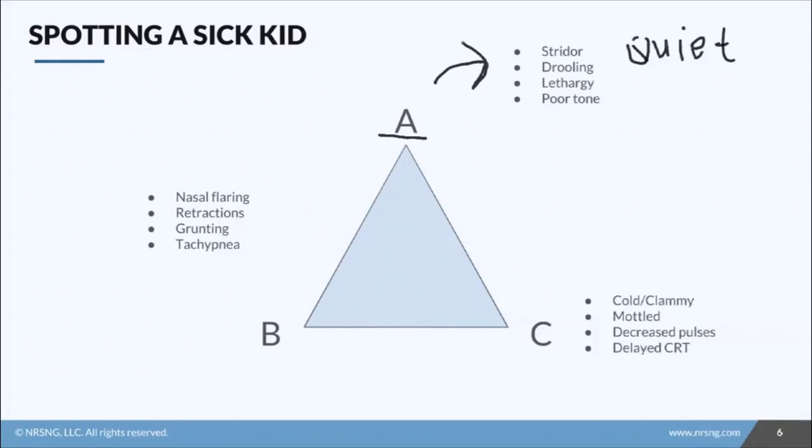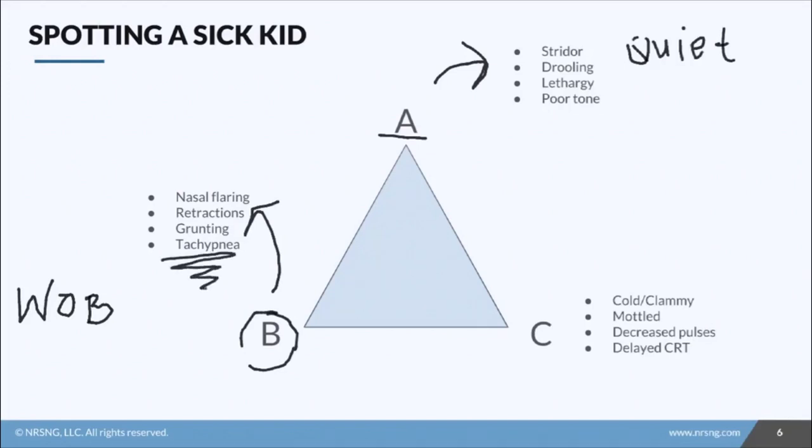All right, so let's talk about B. So B is breathing, and what you'll hear us talk about a lot in pediatrics is work of breathing. And all this means is how much effort a child is having to put in to moving air in and out. We know a kid is working really hard when we see nasal flaring, retractions, grunting, and an increased respiratory rate. And I want to highlight tachypnea as a really important finding because it's kind of a tricky one.